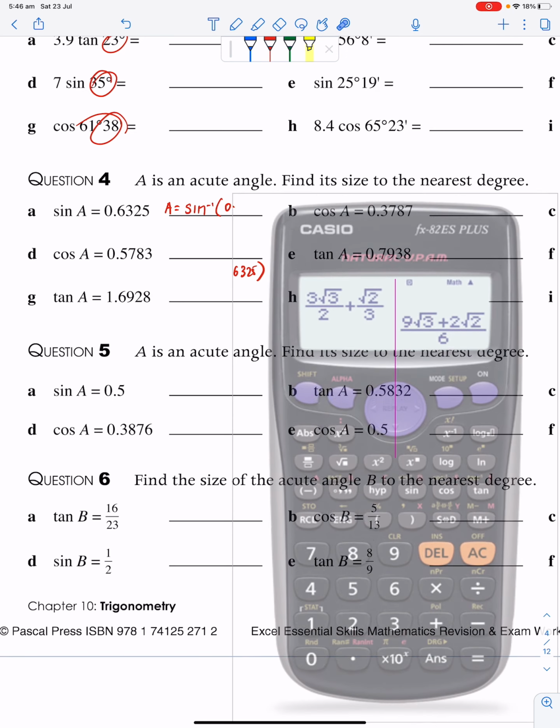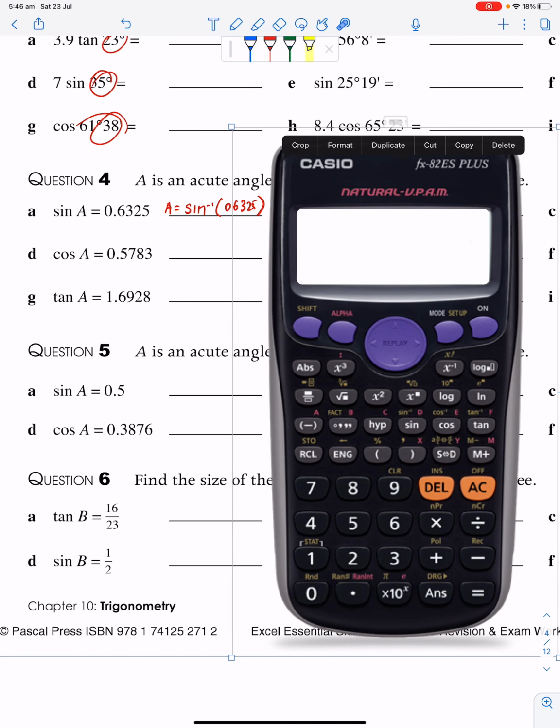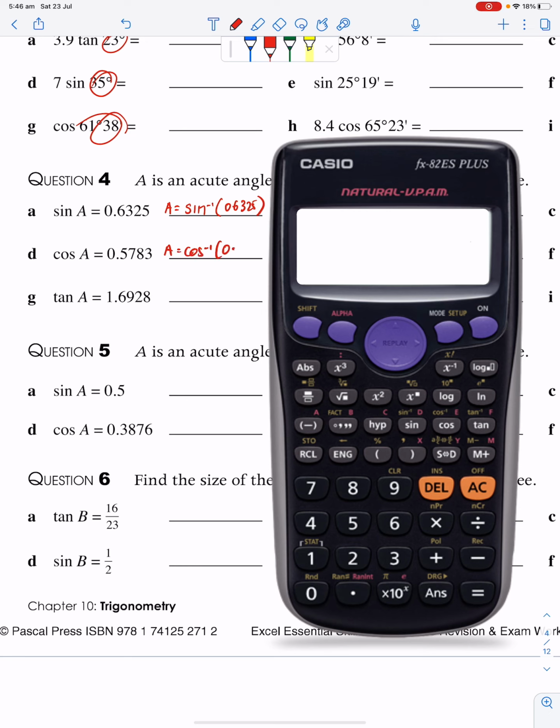And let me just have a look at how they want this rounded to the nearest degree. That's fine. Okay, the next one to find the angle. So A is going to be shift cos 0.5783. The next one, shift tan 1.6928. That's how you find them. In question 5a, shift sine 0.5.